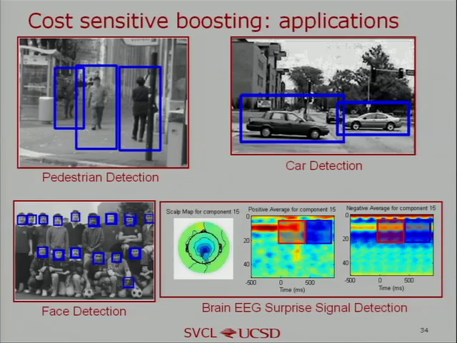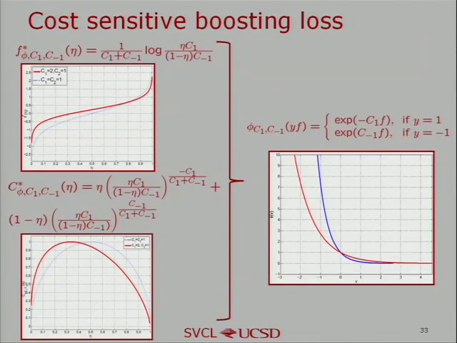So there have been lots of papers on making AdaBoost cost sensitive. In the PAMI paper, that's basically what it's all about, going through the history of this and finally deriving this, which is the cost-sensitive loss. The interesting thing about this is that it's still Bayes consistent.